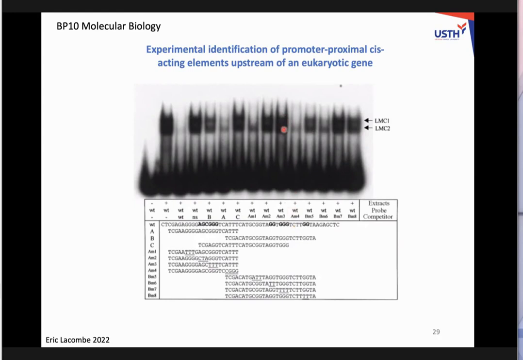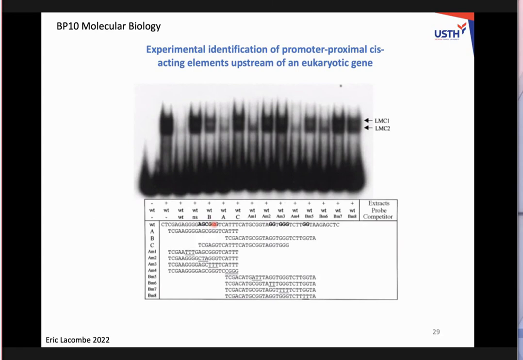You have the complex back again, which means that the fragment AM3 is not able anymore to behave as a competitor like the wild type A fragment. So the nucleotides we mutated there, which are in bold here, are very, very important for the complex formation.